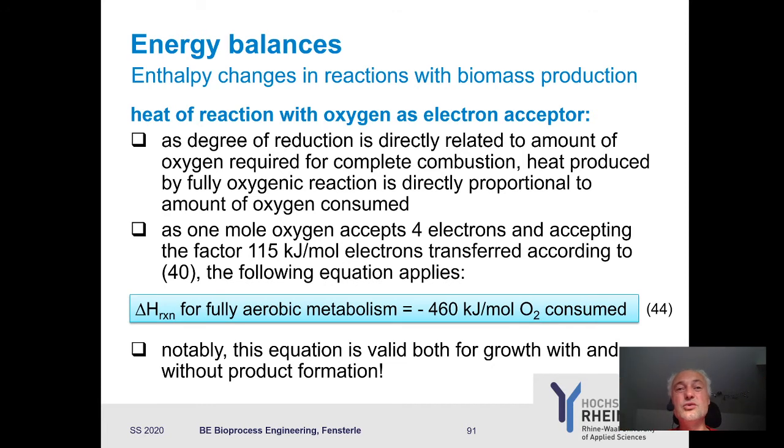So this is cool. In other words, I can also look at just how much oxygen I brought into this equation, because this is directly correlated to how many electrons are transferred to the oxygen. So I don't need to look at the other components. If I'm interested in the heat of reaction in an aerobic reaction, I can just look at how much oxygen has been consumed, and that's it. I know that per atom of oxygen, I have 2 electrons which I can transfer.